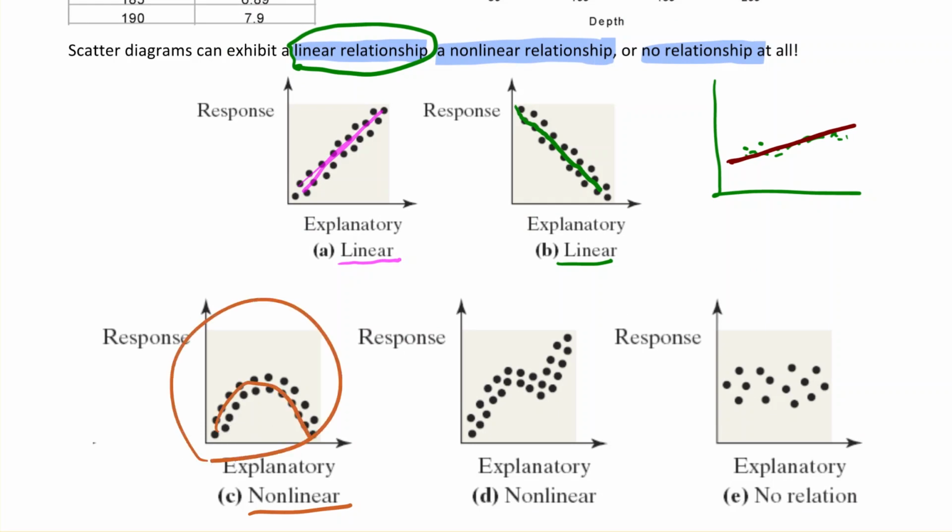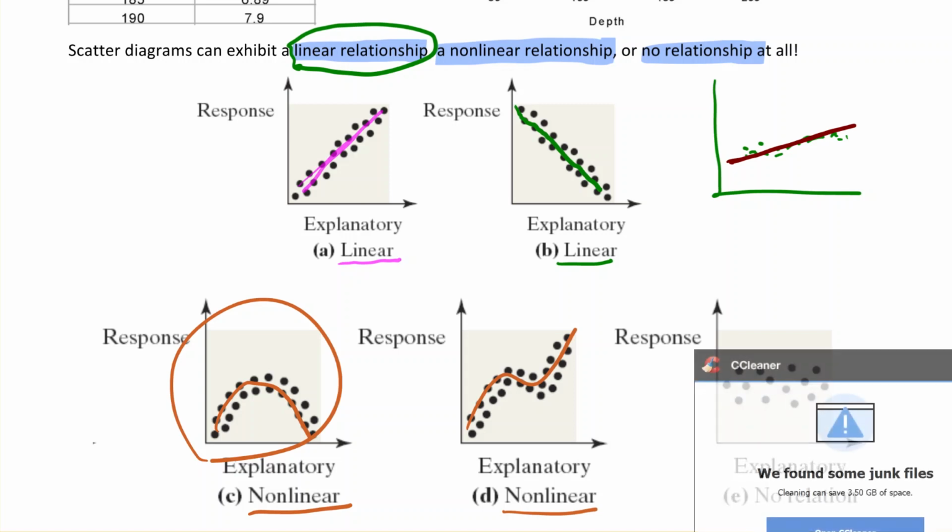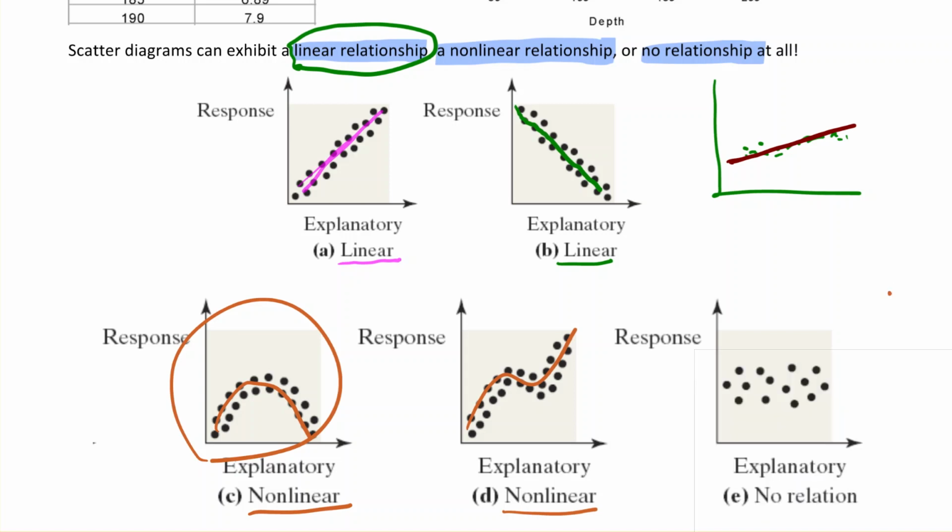But it is a type of relationship, right? We're not looking at that in our specific class, but the only thing we can determine is that it's a non-linear relationship, but some kind of relationship. And this one, no relation. There's no visible relation in this kind of graph.